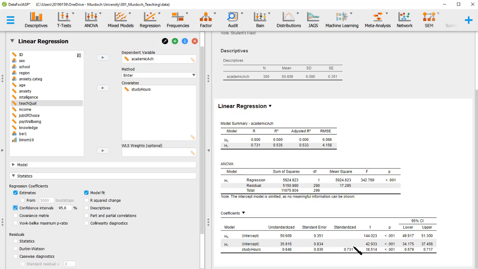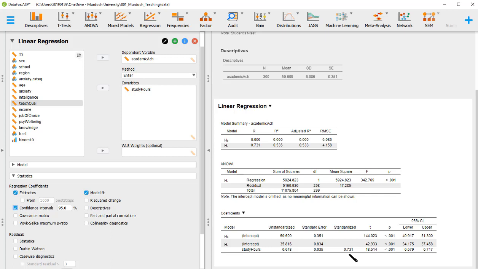Okay, so what's the standardized coefficient, and why do we have it only for the slope and not for the intercept? Standardized coefficients are calculated by, before doing any calculation, transforming the variables into standardized scores or z-scores. How do we do that?